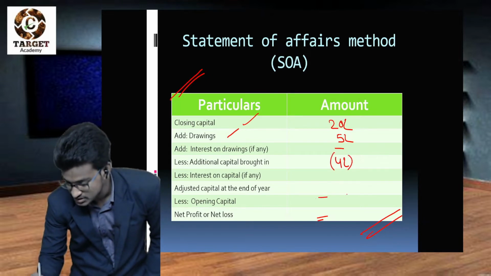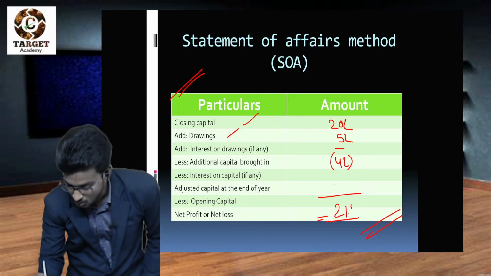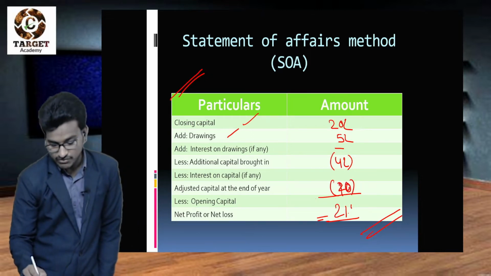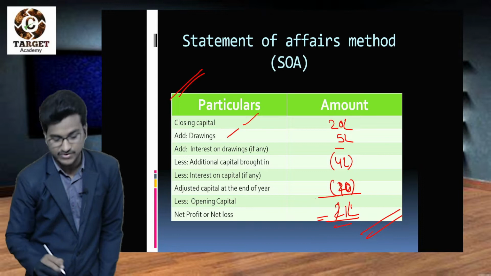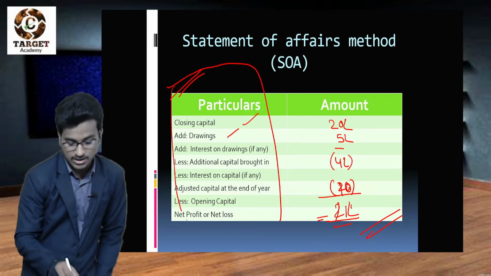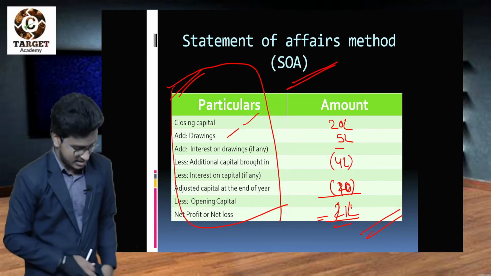So the answer is 21 lakhs. Opening capital is there now, 10 lakhs. So the balancing figure, 25 minus 4, 21 minus 10, 11 lakhs is my profit. Simply focus on this pro forma; it will be helpful from your exam point of view. What is that? The statement of affairs method.